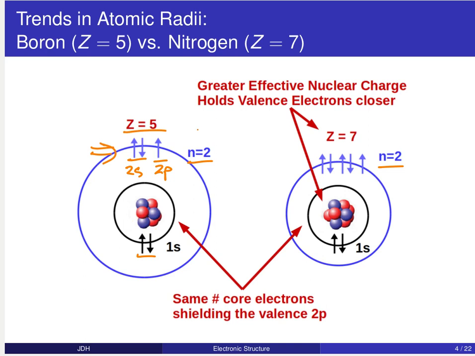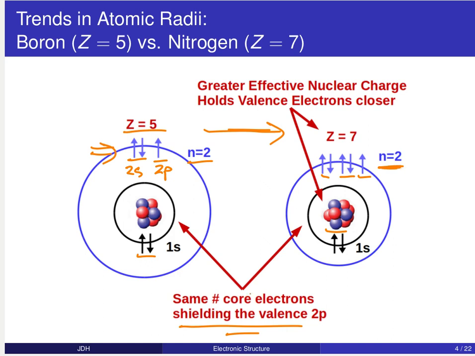Now move to the right on the periodic table a couple steps and come over here to nitrogen. In this case, we're increasing the nuclear charge and increasing the number of electrons in that outermost n equals 2 shell. So the same number of core electrons are present in both, but now we have a greater number of valence electrons.